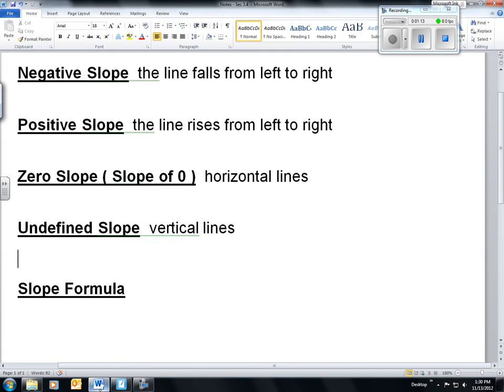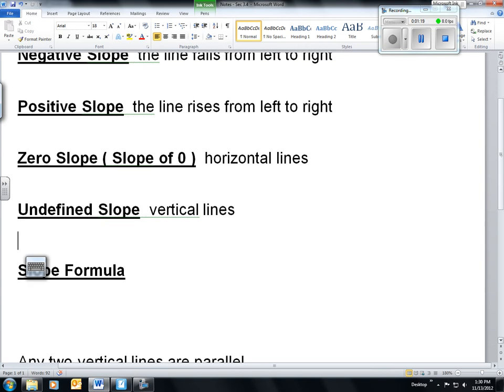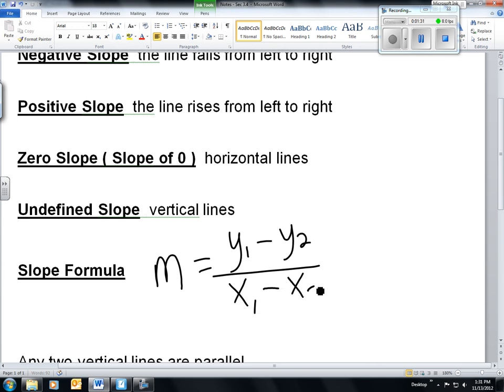And then next, the slope formula. The slope formula is the formula that tells us how we can find the slope between two points on a line. So the slope formula is m equals y1 minus y2 all over x1 minus x2.